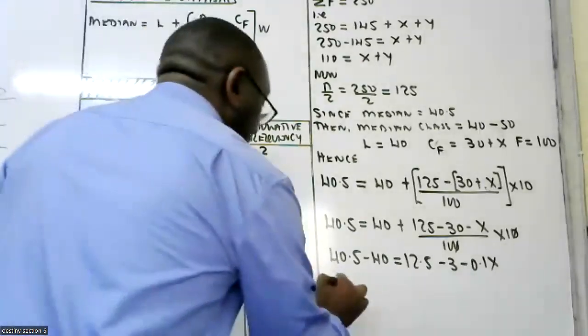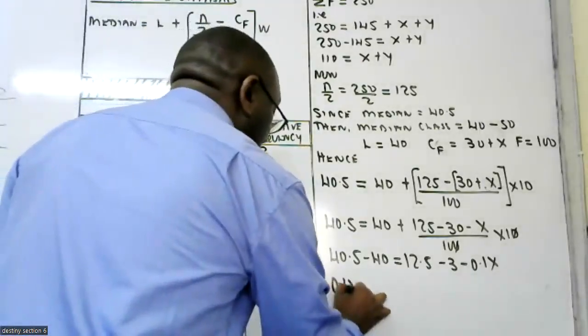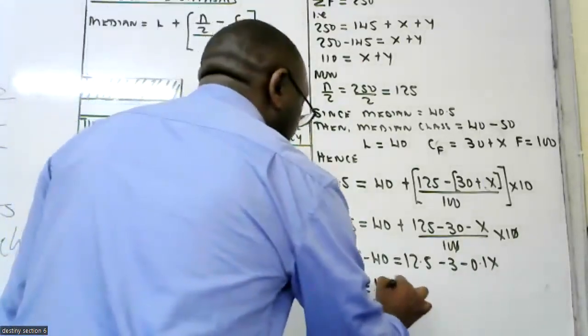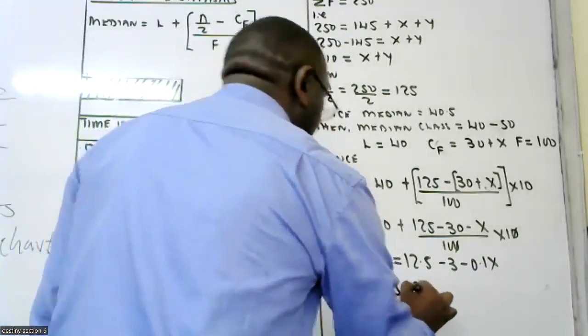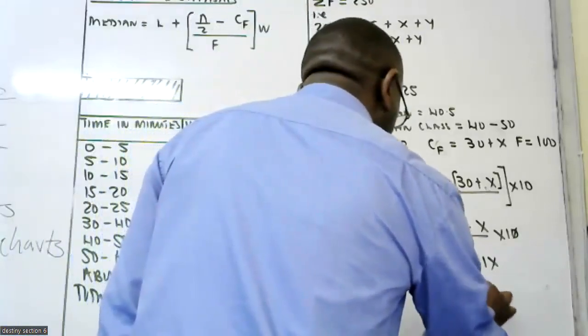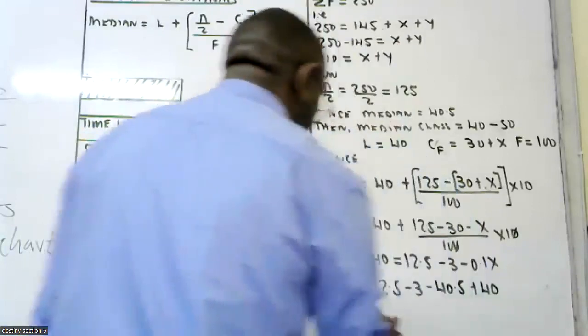So if I bring 0.1x on this side, that gives 12.5 minus 3 minus 40.5 plus 40.